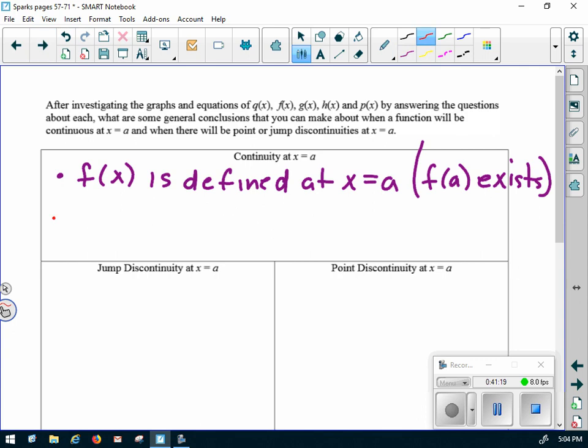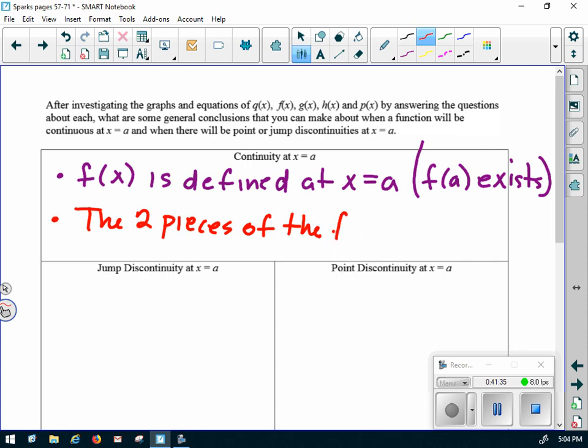The second important thing: the two pieces of the graph, and I can say graph or function, so let me say function.